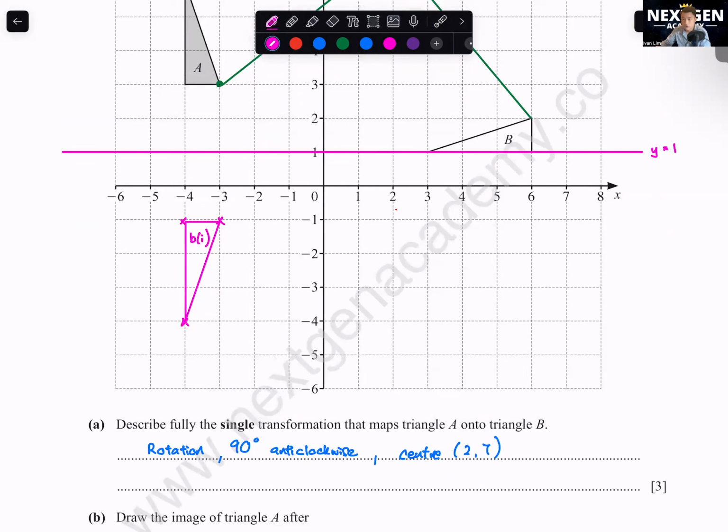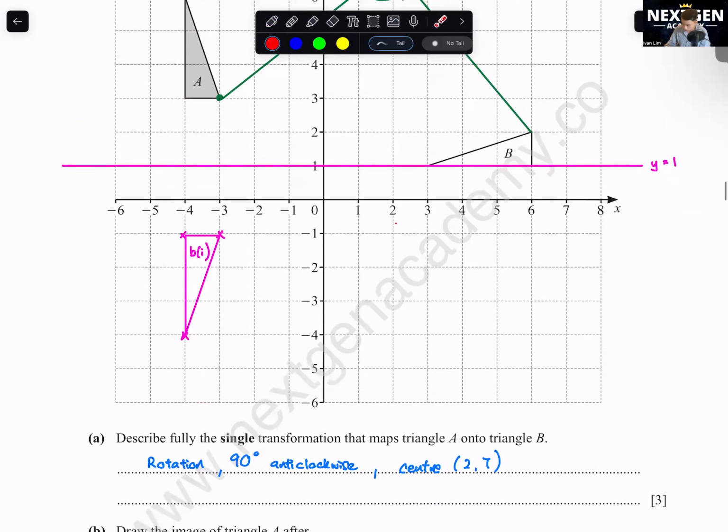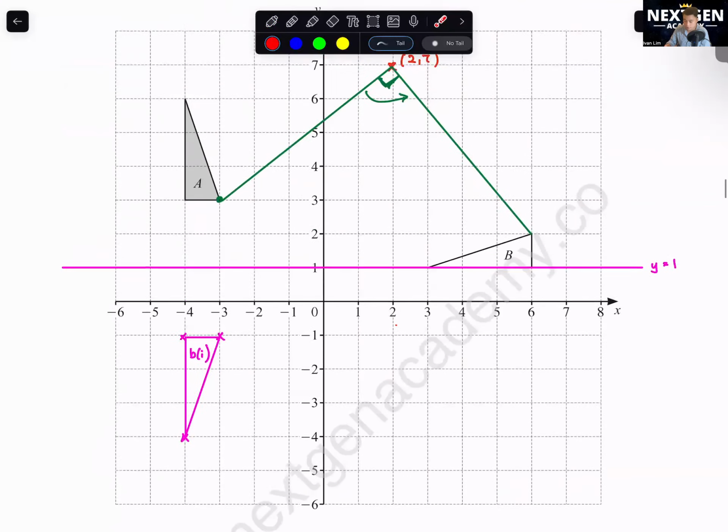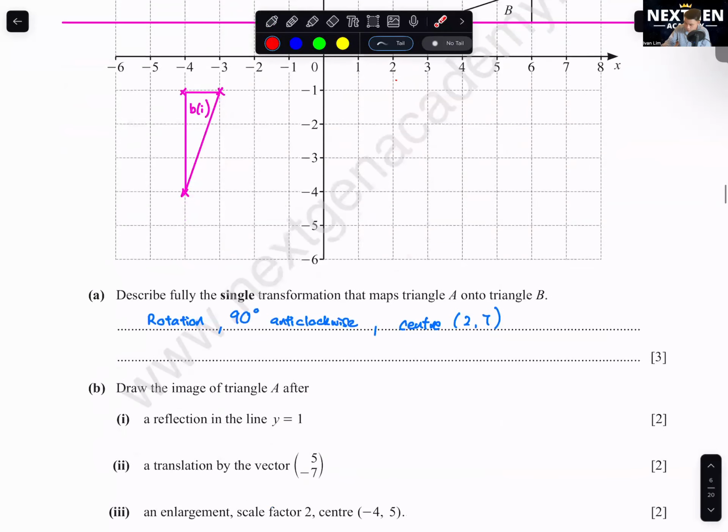Okay, next one. Translation. Just now someone asked me why cannot translation. The method of translation is you just shift the shape. You shift it horizontally and vertically. The orientation, that means how it looks like, will need to be exactly the same like this. So they want us 5, -7. That means I move 5 to the right, then 7 down.